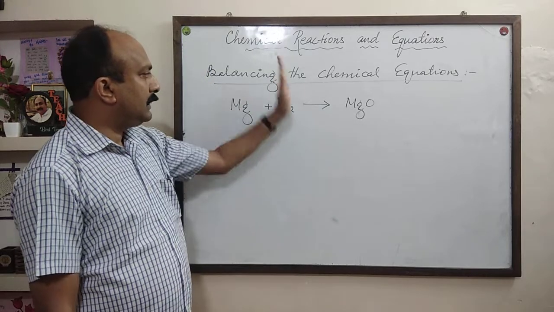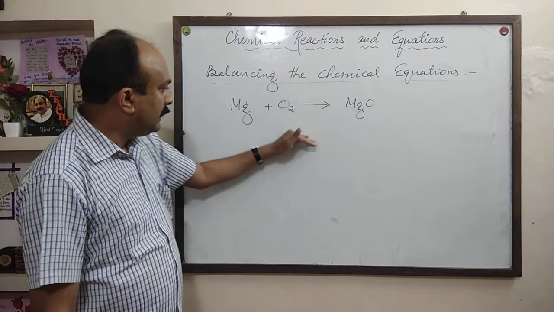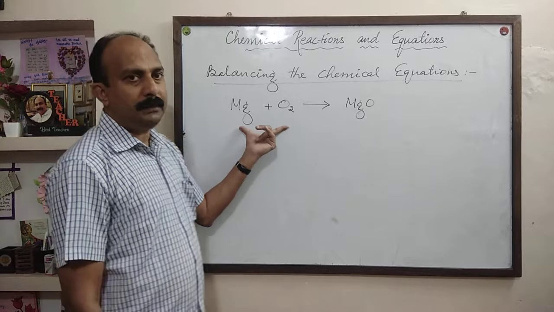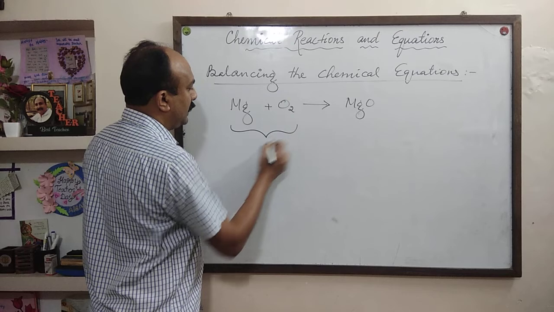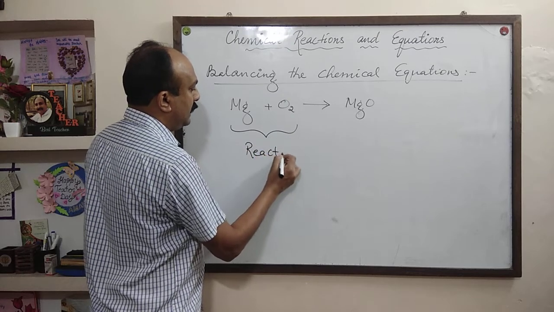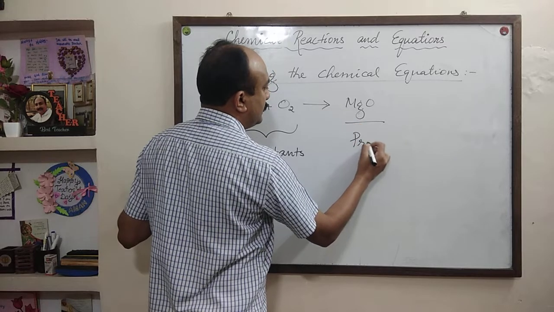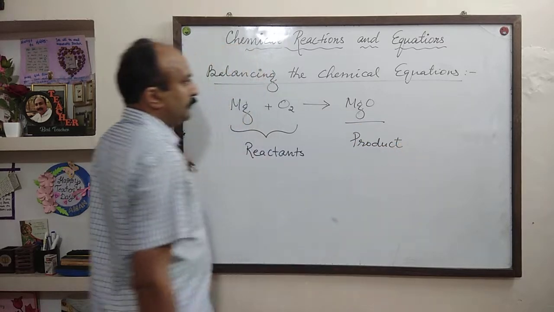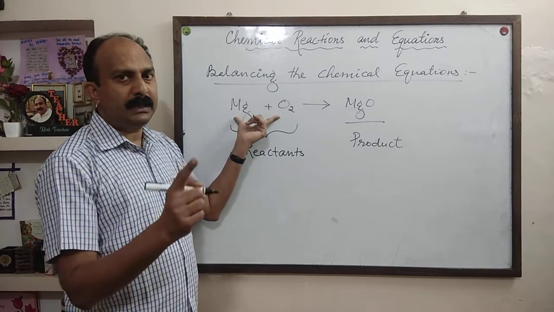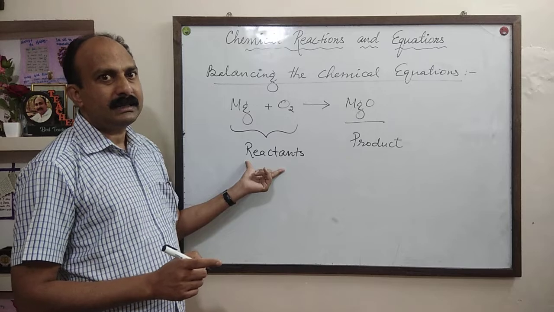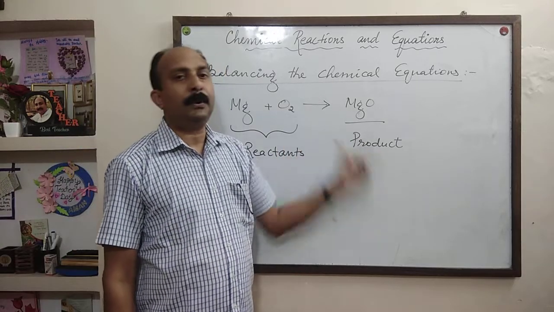I repeat, in a balanced chemical equation, the number of atoms of each element that take part in the chemical reaction, which are called the reactants. Here Mg and O2 are called reactants, and MgO is the product. So balancing a chemical equation means the number of atoms of each element present in the reactant must be equal to the number of atoms of each element present in the product.